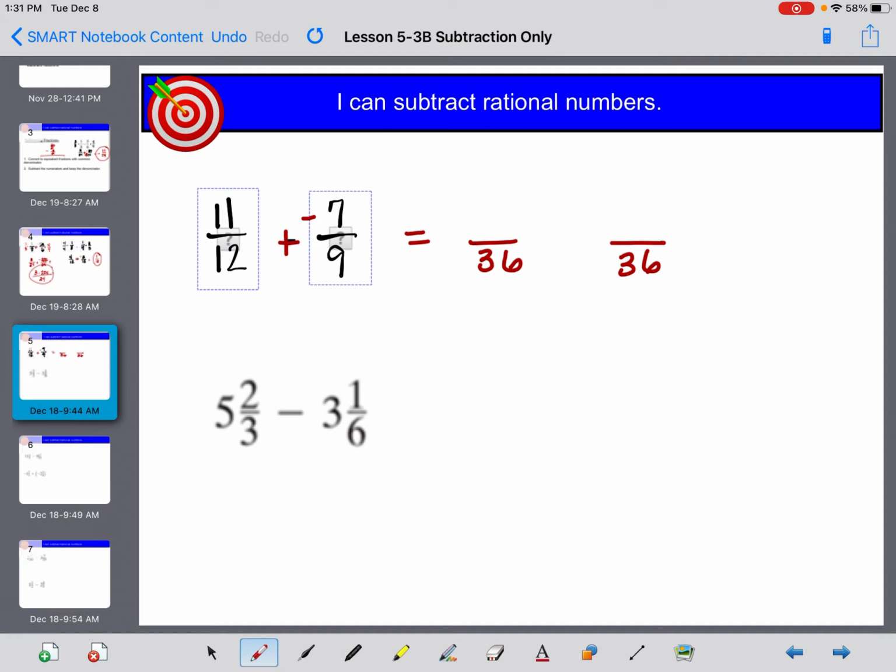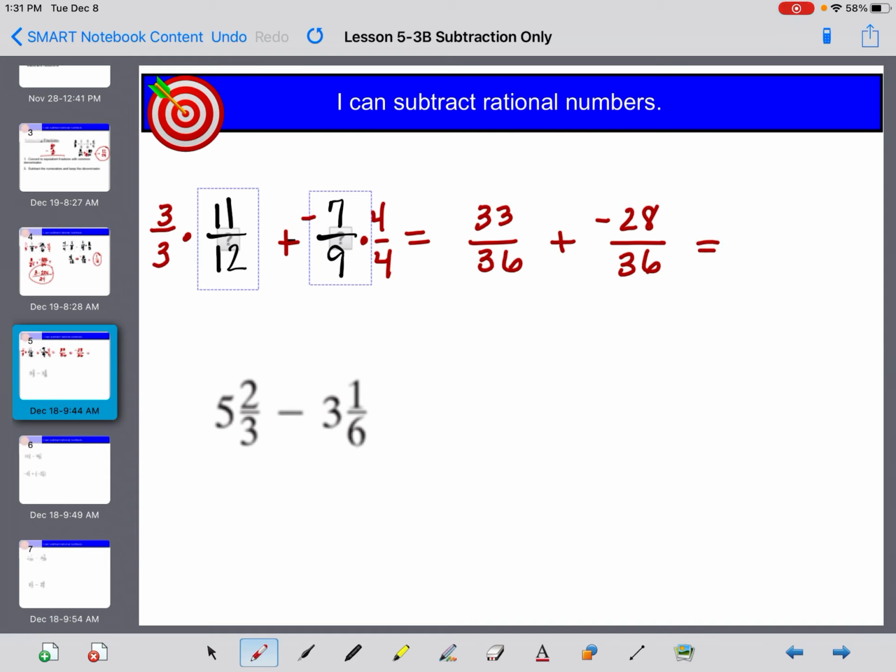All right, the common denominator between 12 and 9 is 36. To create an equivalent fraction, I multiply the first one by 3/3 and the second fraction by 4/4, and I get -28 here.